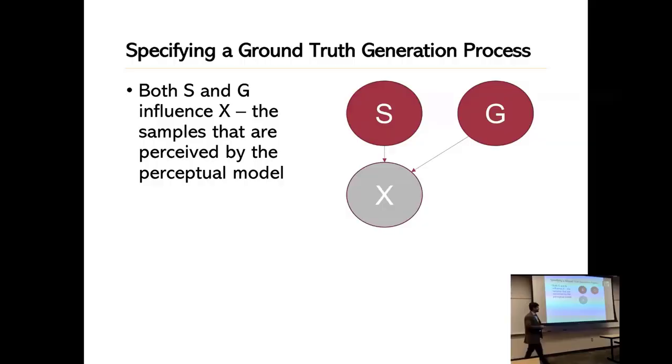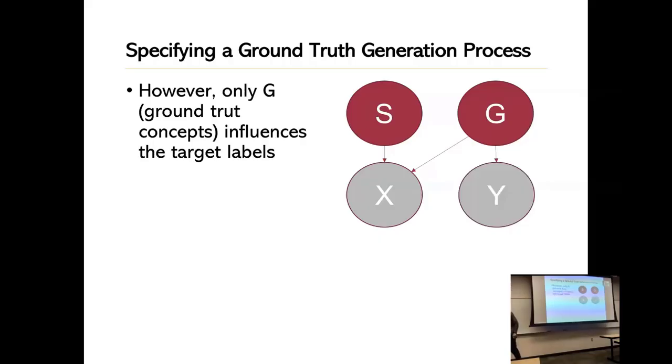Both the ground truth and style contribute to what is actually perceived. However, only the ground truth is associated with the actual label. And of course, we're generally assuming there are no issues with the logic program.